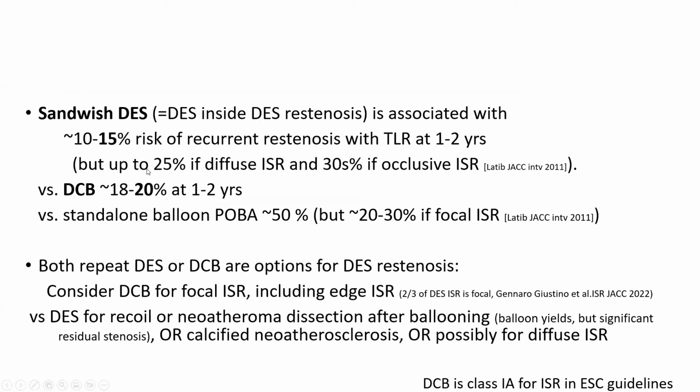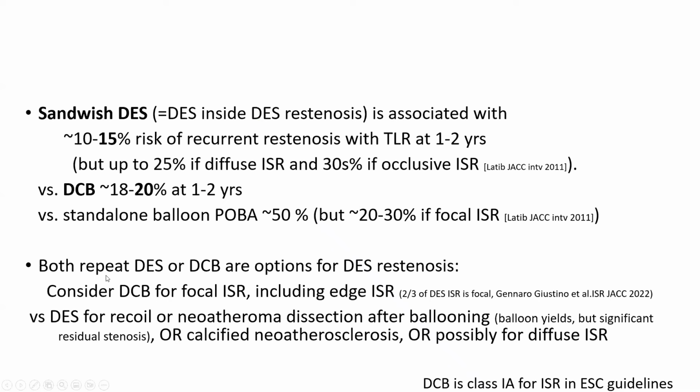Those numbers being worse if you have diffuse in-stent restenosis occupying the whole stent or extending to the edges of the stent, and even more so if you have occlusive in-stent restenosis. It goes up to 25-30% in those cases.